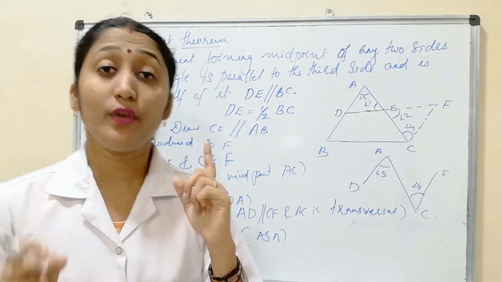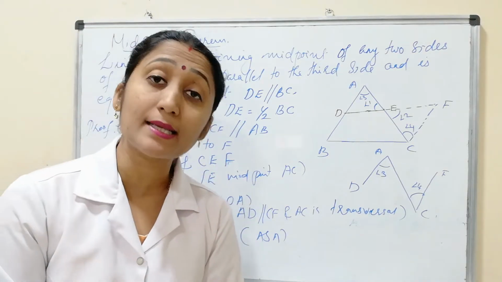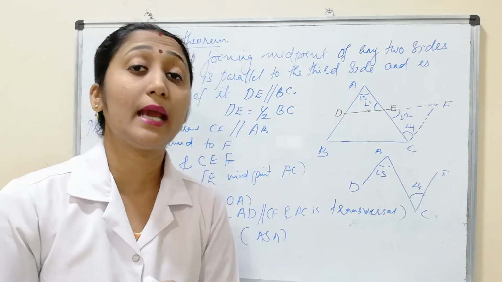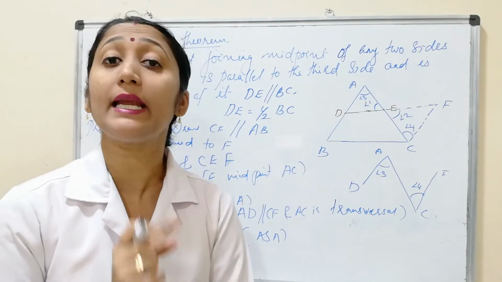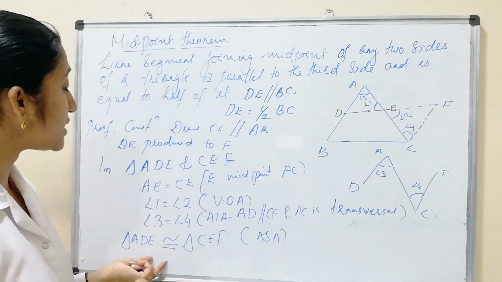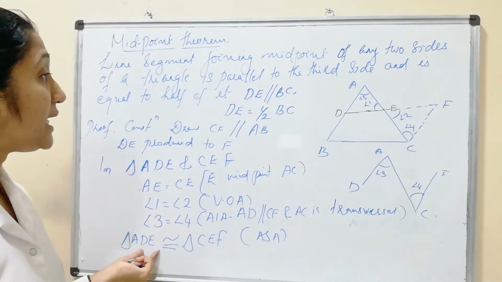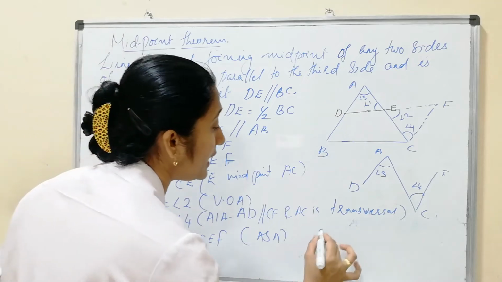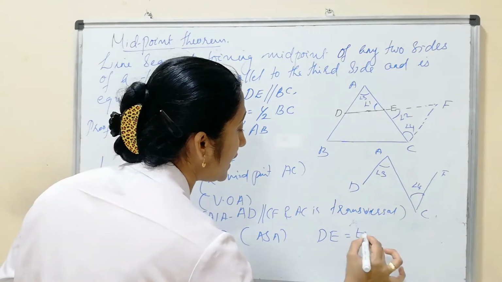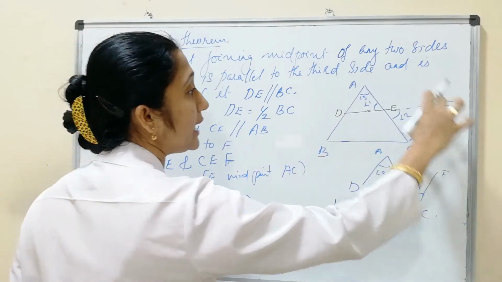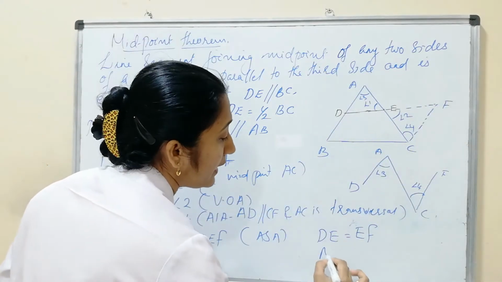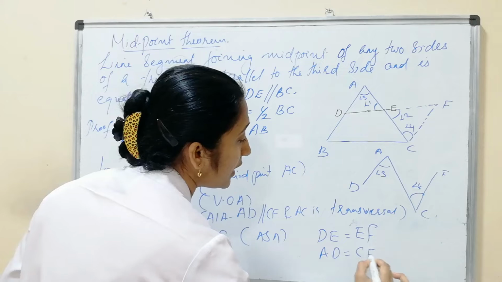So we know if any two triangles are congruent, all the corresponding parts are equal. So what is here? CPCT. So DE equal to EF, and also we can write AD equal to CF.